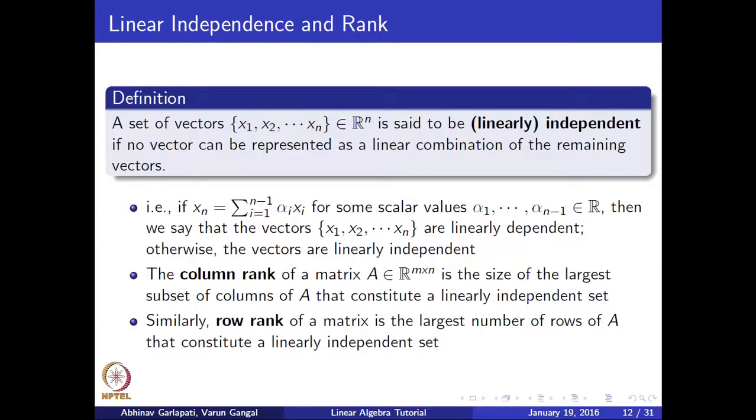The column rank of an M cross N matrix A is the size of the largest linearly independent subset of columns. Note that our columns here are M cross 1 vectors. The row rank is defined in a similar way for rows.